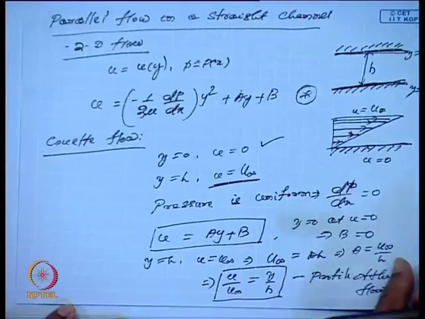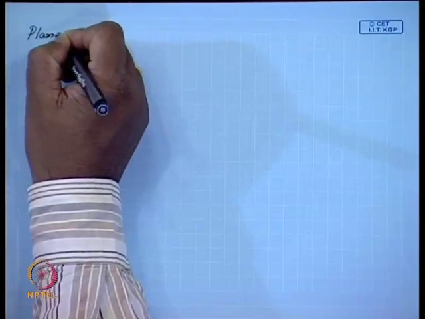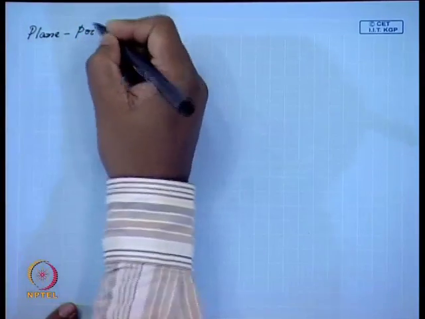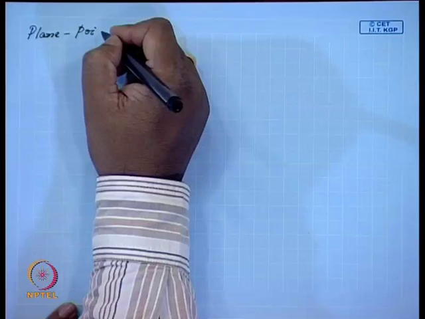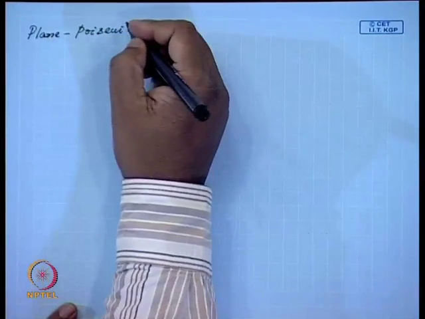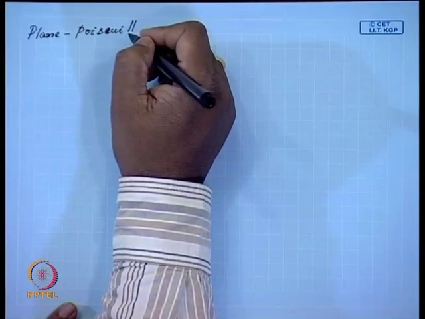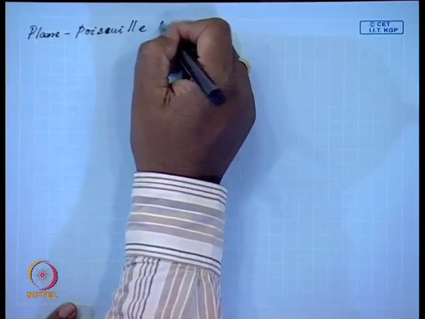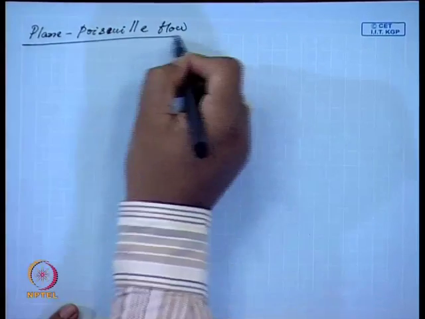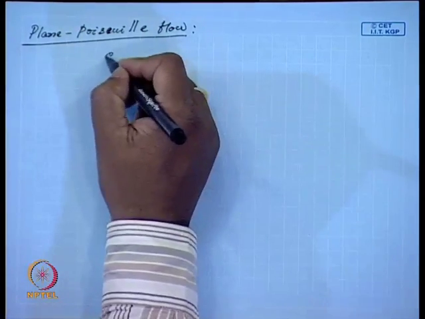Now, I will go to a second example, that is called a plane Poiseuille flow. In case of a plane Poiseuille flow, what happens?